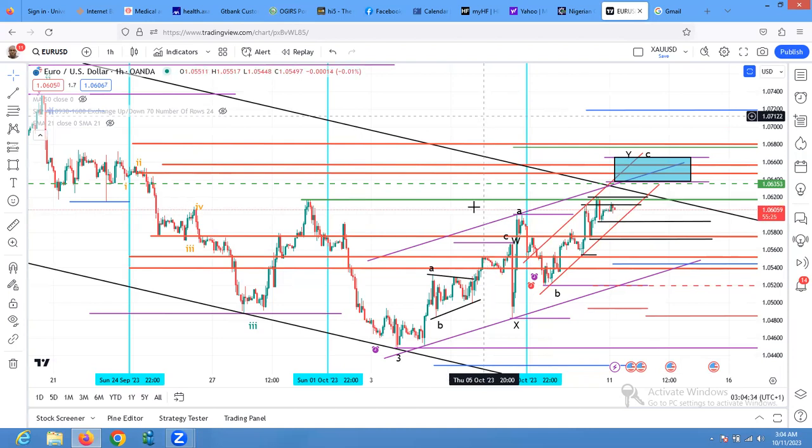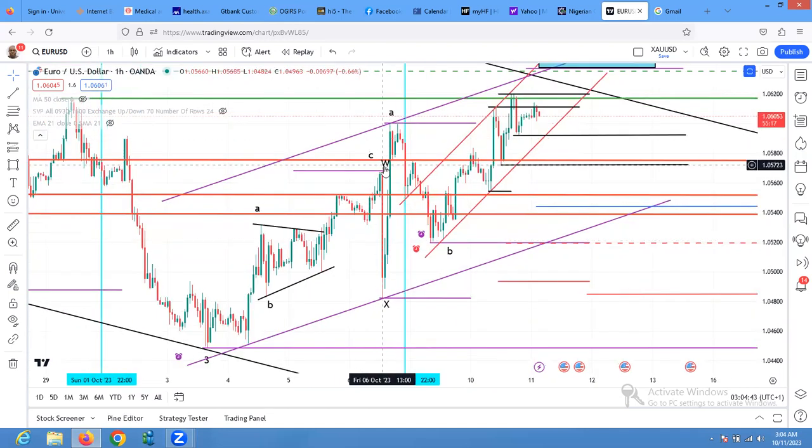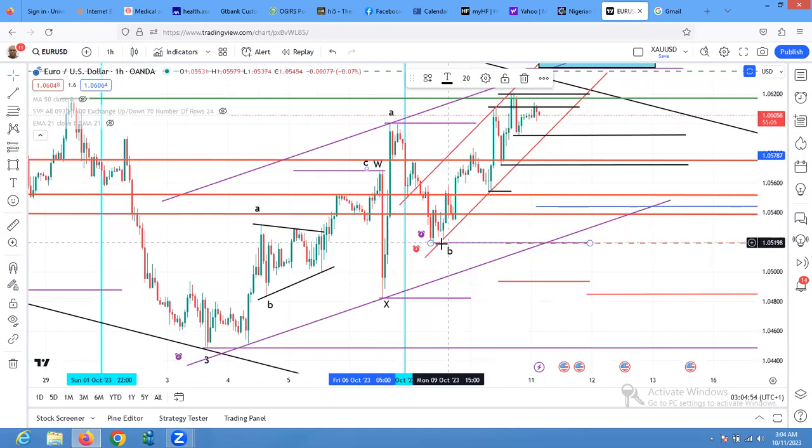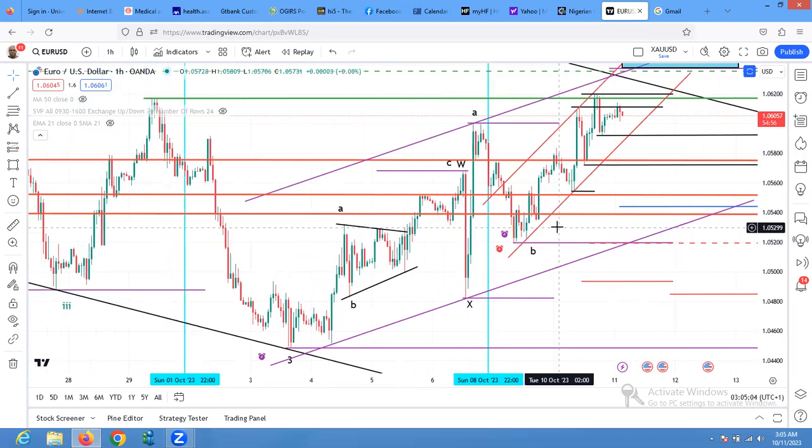This is the 1 hour time frame. Let me explain the A, B, and C of W here. We saw an X, then A, B. We joined this trade at exactly the B. Of course, we never knew it was going to be a B. We were thinking it was going to be a 3-2, if this had been corrective, like a 1 and a 2.